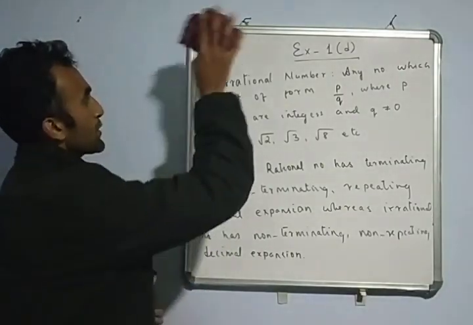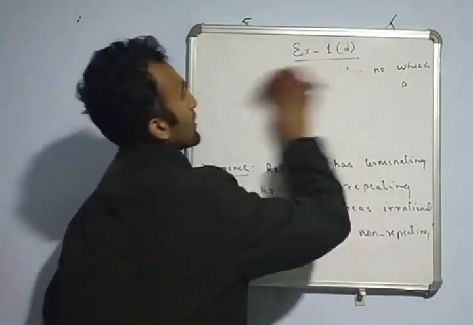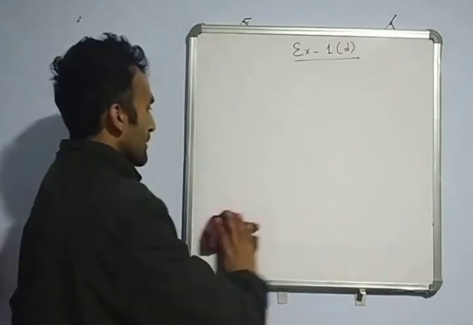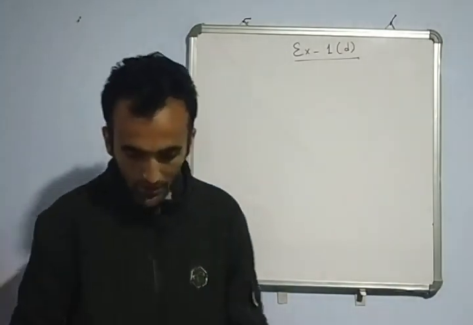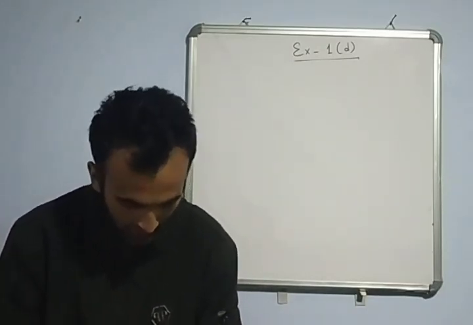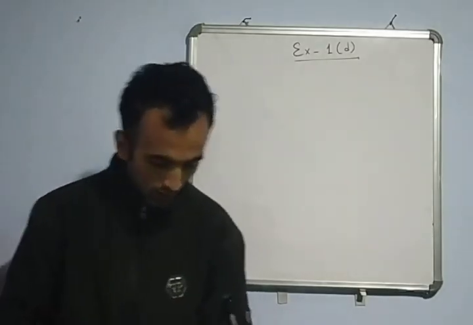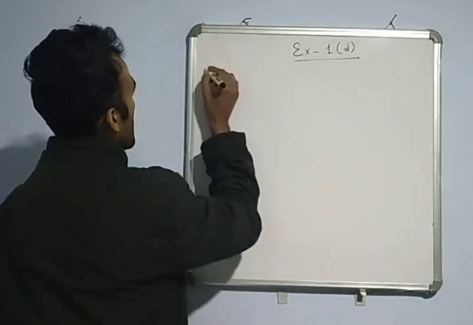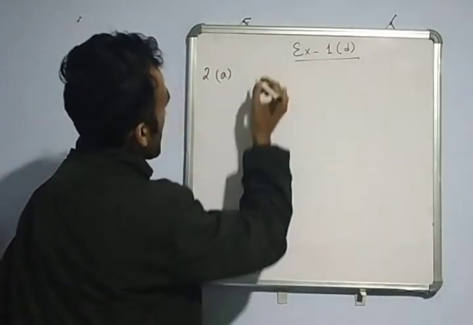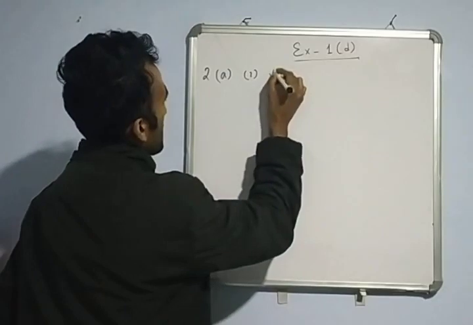I'll go to question number 2. What is question number 2? Question number 2, examine whether the following numbers are rational or irrational. Number 2, sub number 1 is root 5.